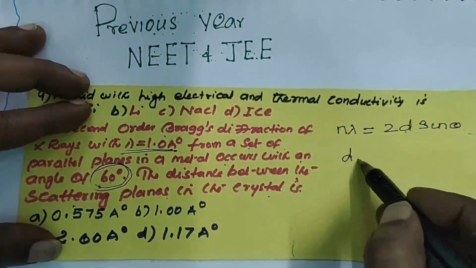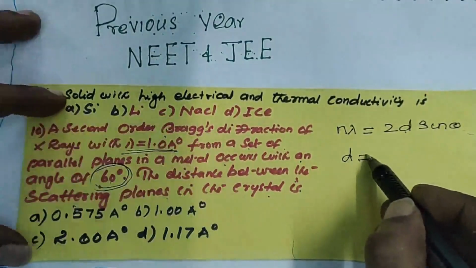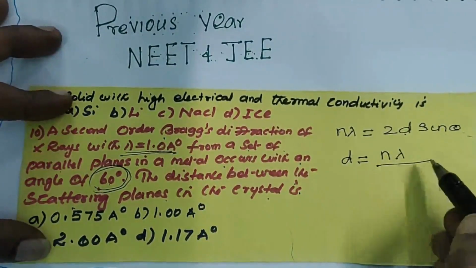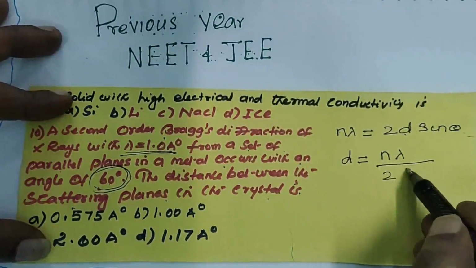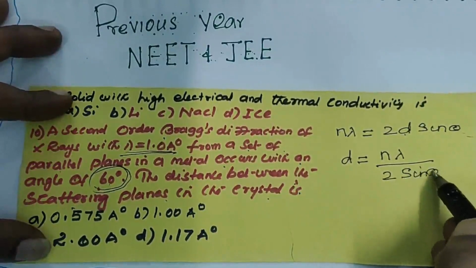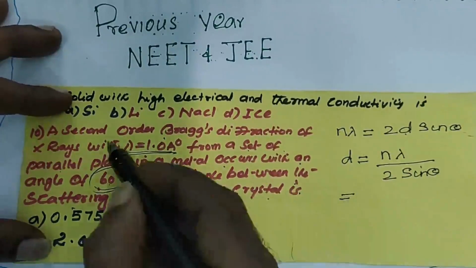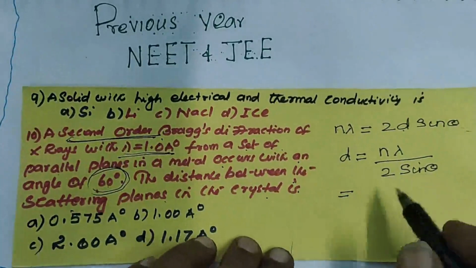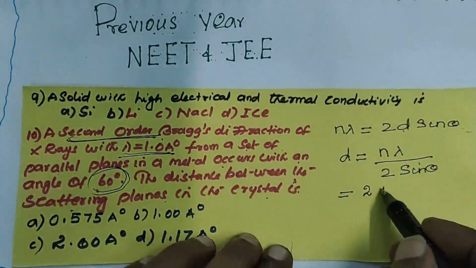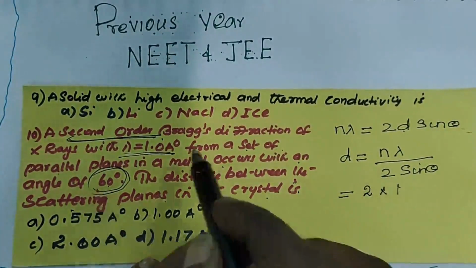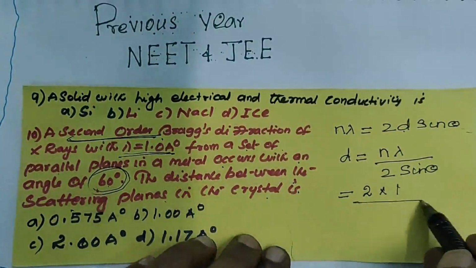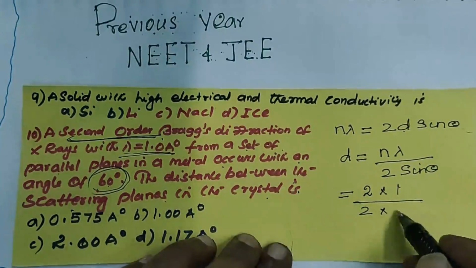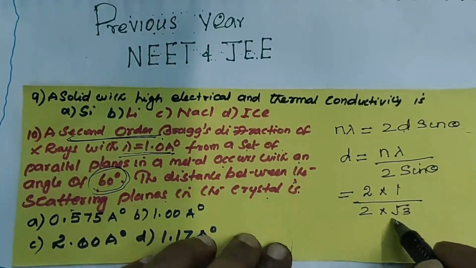So d is equal to n lambda divided by 2 sin theta. Second order reflection, so 2 into 1 Armstrong divided by 2 into sin 60, that is root 3 by 2.